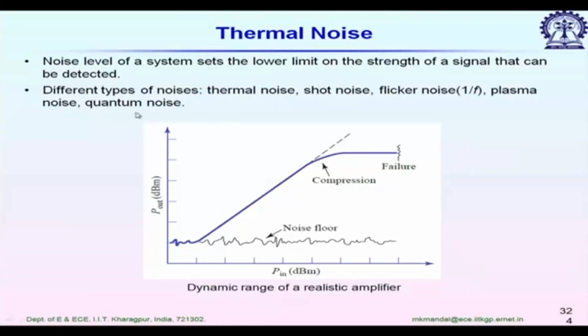And then quantum noise, which is due to the quantized energy levels of charge carriers, but again its contribution is negligibly small. As I said, the contribution of thermal noise is highest among these. So mainly in this class we are going to concentrate on the effect of thermal noise. It's also known as Nyquist noise or Johnson noise, among other names.